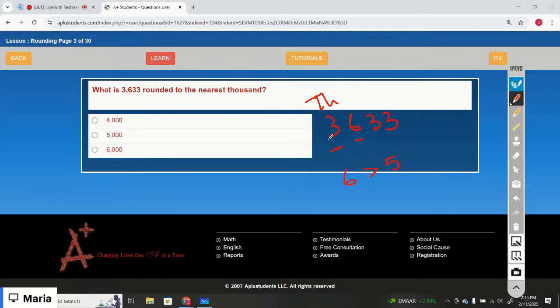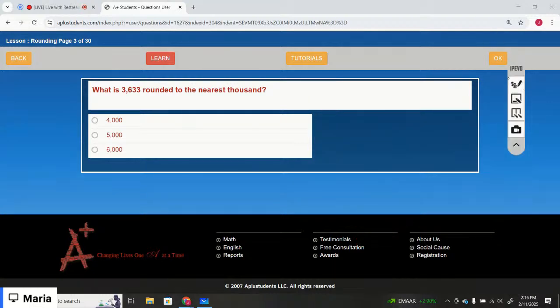That means you need to round up. You need to replace the other digits with 0, and then add 1 to the thousands digit. So it would be rounded off to 4000. The correct option is 4000. Option number 1 is the correct option. Very good.